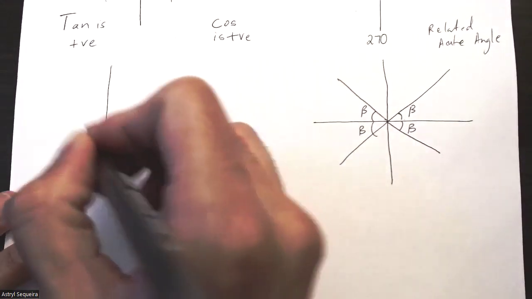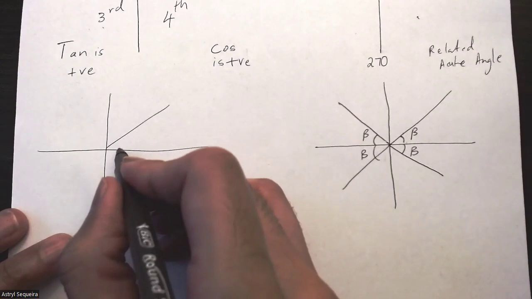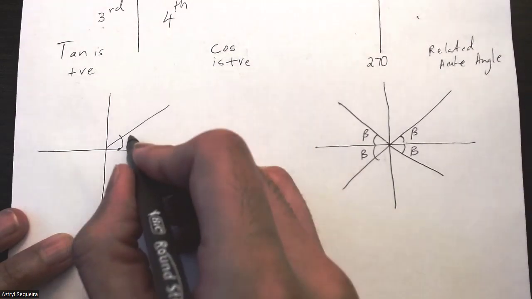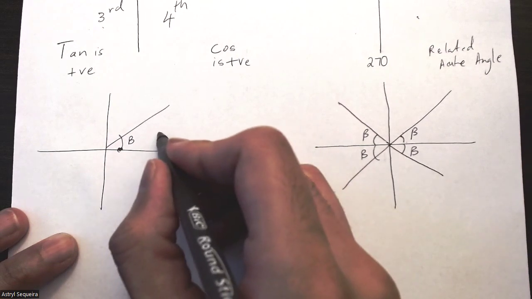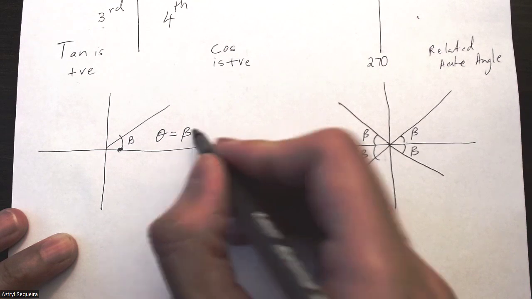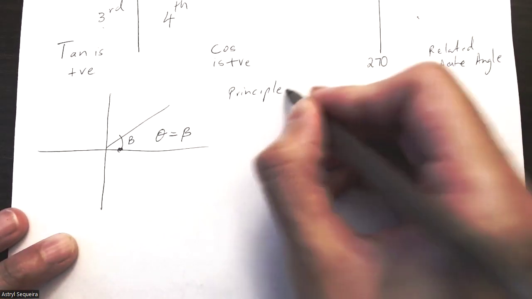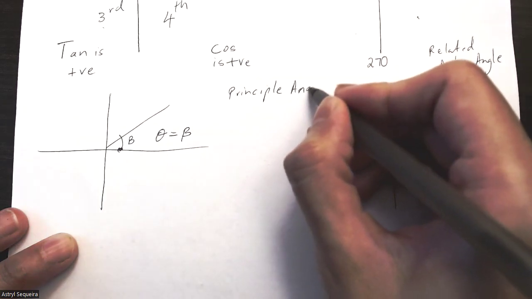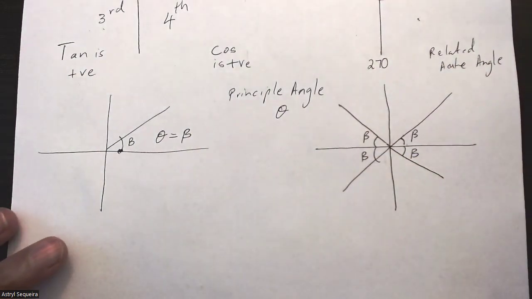So let's say my solution is in the first quadrant. I'm going from here to here, which is beta. And my principal angle is going to be theta, which is exactly the same as beta. Principal angles are the solutions to all these questions.